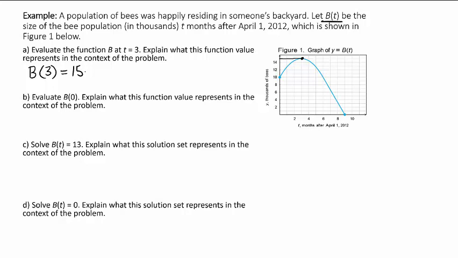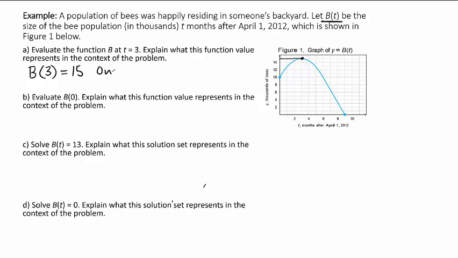And then of course it says explain what this function value represents in the context of the problem. Well, if the input is 3, and that represents the months after April 1st, 2012, in, let's see, April, May, June, July would be 3 months later, right?